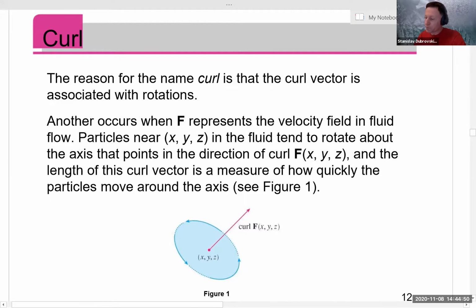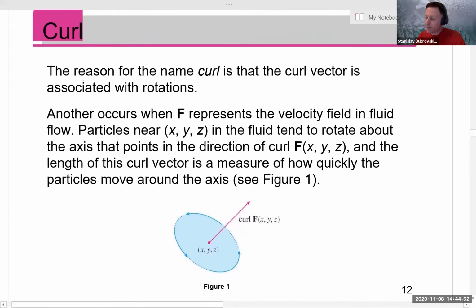We will say that curl represents a rotation. So either rotation in a solid body, or if you imagine the fluid flow, then if the curl of the fluid flow is non-zero at some point, that means there will be a tendency to rotate of the fluid around this point.